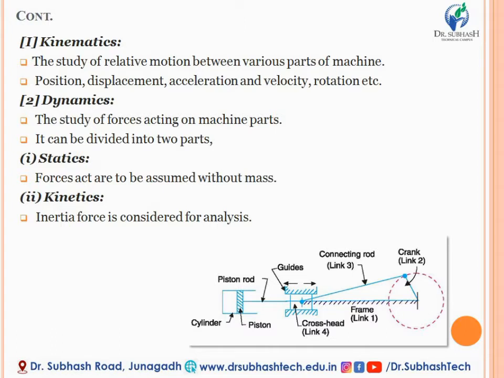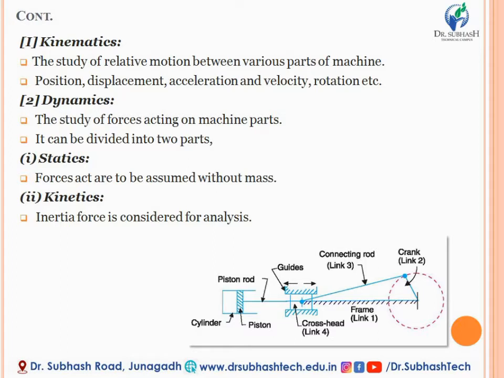So if we are taking the static analysis, the static portion of dynamic analysis is related to forces which act on parts of the machine, which may be assumed to be without mass. And if you are taking inertia forces of any part, body or link, and you are doing force analysis, of course it will be known as kinetics. Look at the bottom figure given.